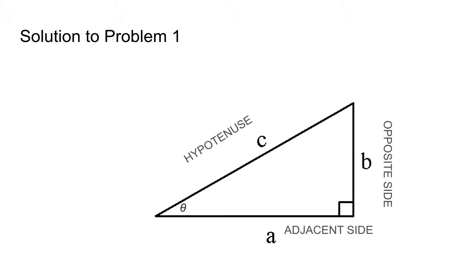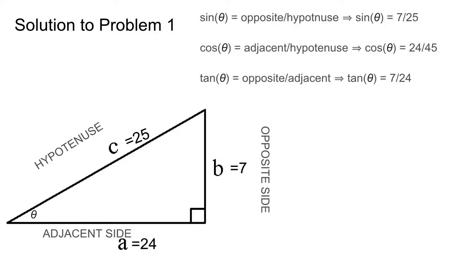Now, looking at the solution, we first need to identify what the sides of the triangle are in relation to the given angle. Next, we will recall what the trigonometric ratios are for these sides. We know that sine is opposite over hypotenuse, thus sine theta is this. Cos is adjacent over hypotenuse, so it is this.